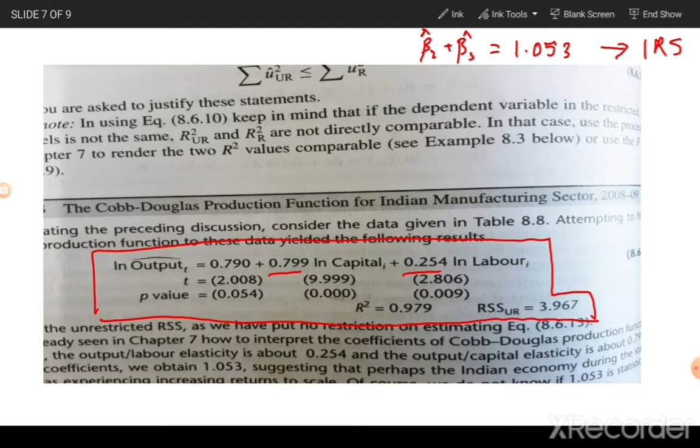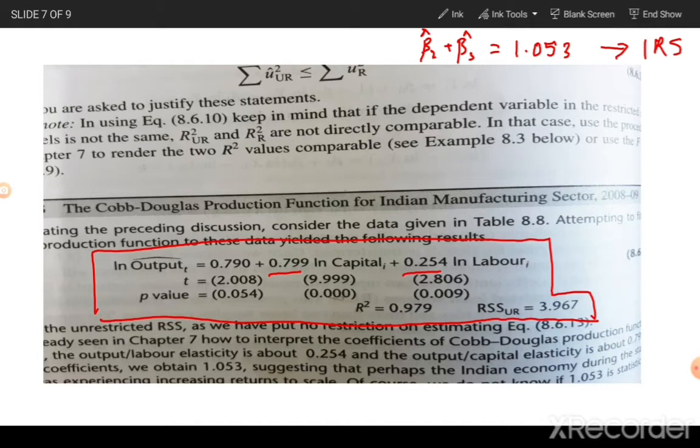If it is, then I can say that the Indian manufacturing sector exhibits increasing returns to scale at this moment. And if it isn't, then we will have to say that we have constant returns to scale being exhibited in the Indian manufacturing sector.